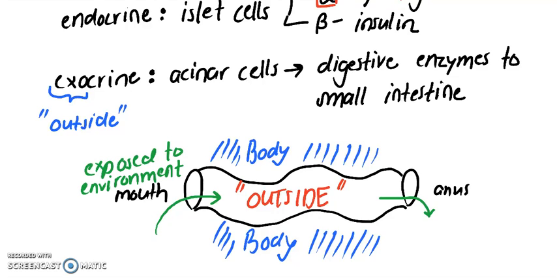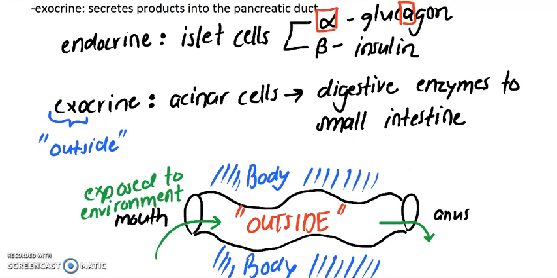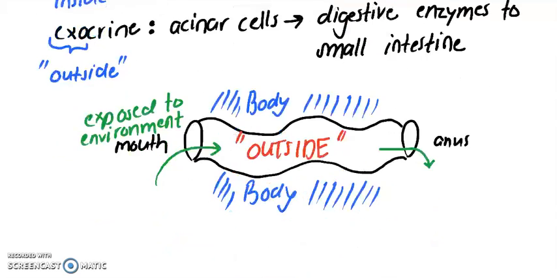So this is why we call the acinar cells sending chemicals to the small intestine exocrine, and the endocrine means inside. This goes to your bloodstream. Endo means inside, inner, internal. This is going to send chemicals to our bloodstream.